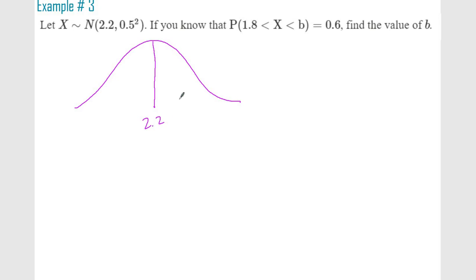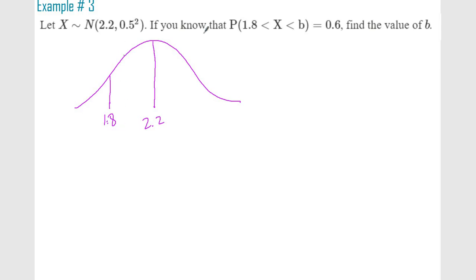Okay, so 2.2, standard deviation of 0.5, yada, yada, yada. We want some interval from 1.8 to some value. Okay, so 1.8, well, that's 2 standard deviations lower. So that's approximately here. Oh, no, that's like 1 standard deviation.